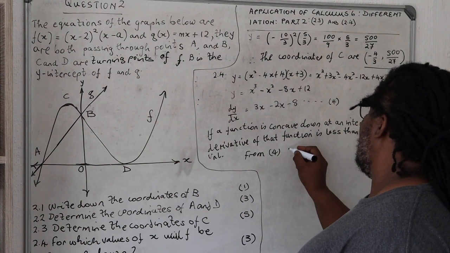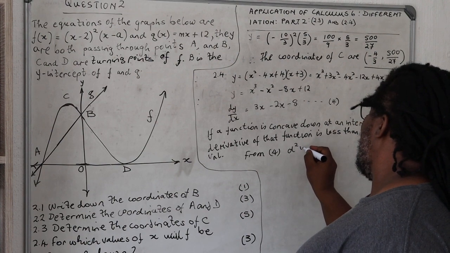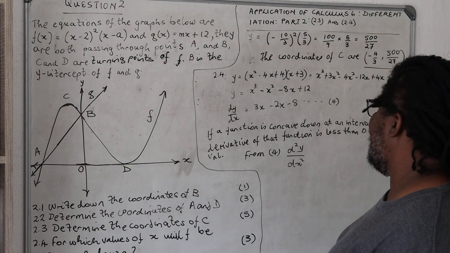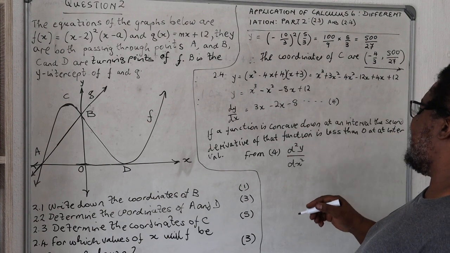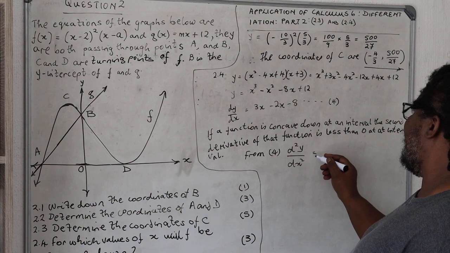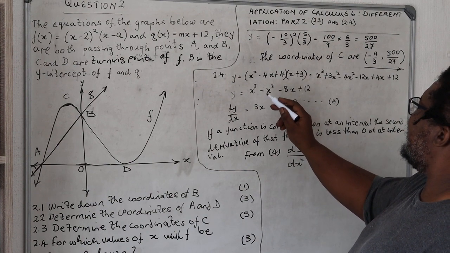and then from 4, d2y/dx2, which is the second derivative, we differentiate dy/dx is equal to, this is 3x squared.